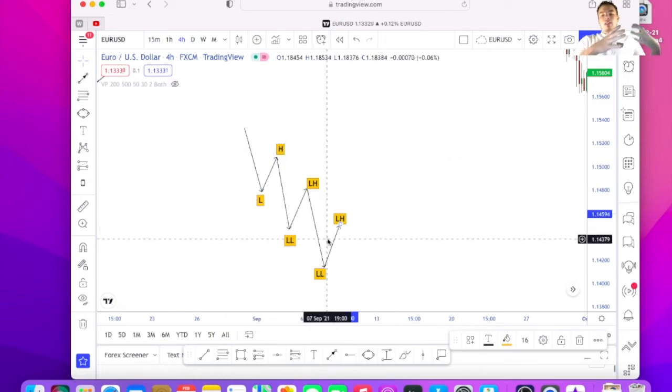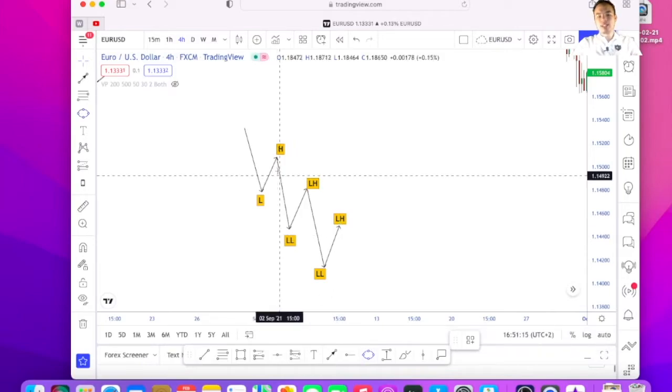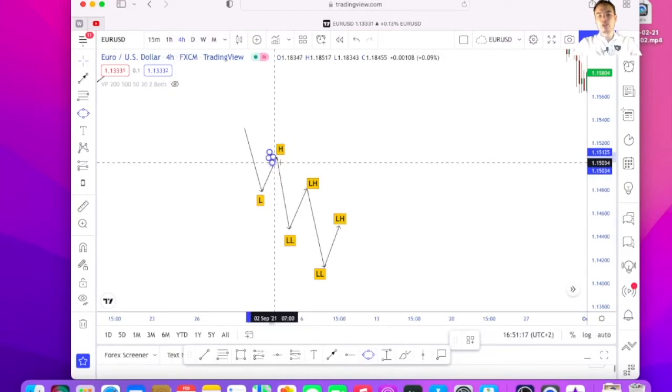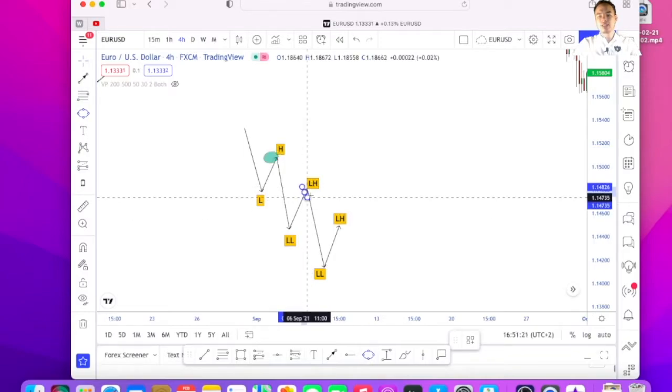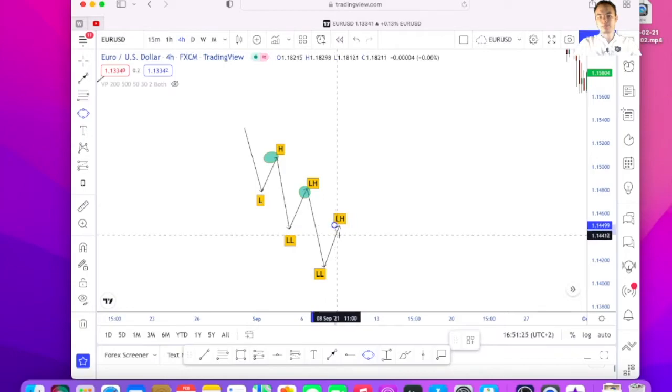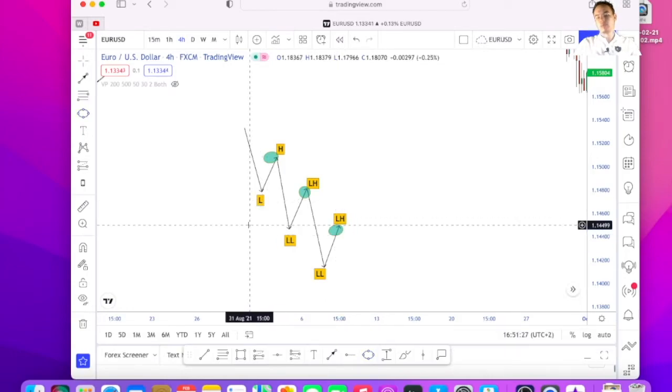Now, in a downtrend, you want to look for selling opportunities, and you want to look for selling opportunities here on the lower highs. So how? You've identified your market structure, making lower lows and lower highs. So you know it's a seller's market. That's one confirmation.